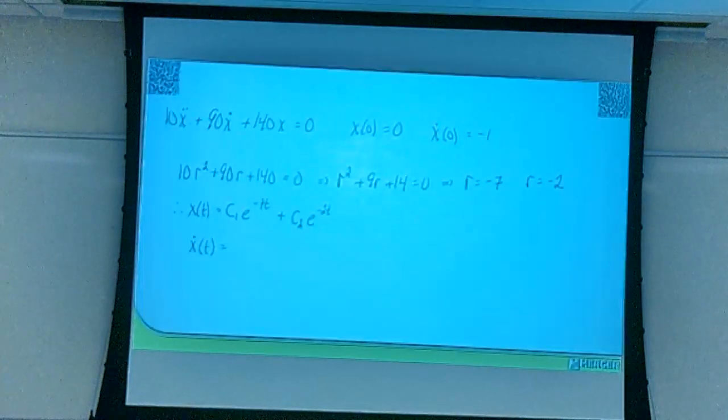Let's also take its derivative. What's its derivative? -7 C1 e to the -7t plus -2 C2 e to the -2t.